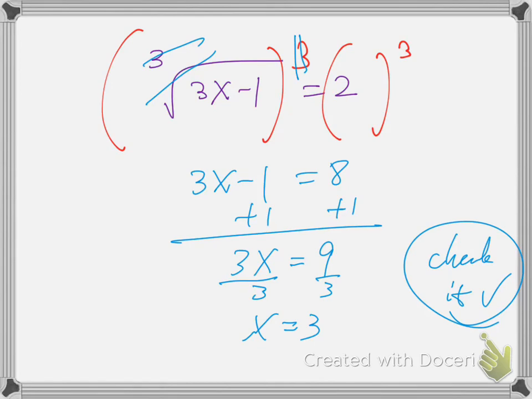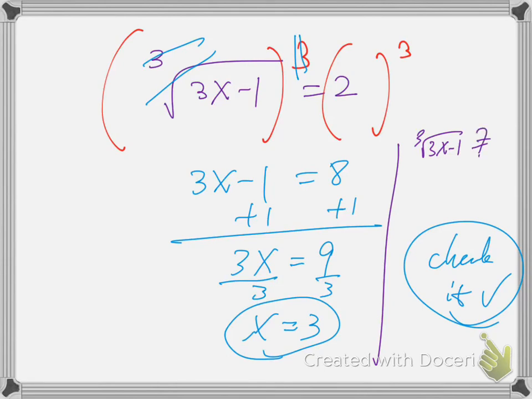Let me repeat how to check it. You plug this number 3 back into the original equation. The original equation is cube root of 3x minus 1. We want to check whether this is 2: delete the x and replace x by 3 here.